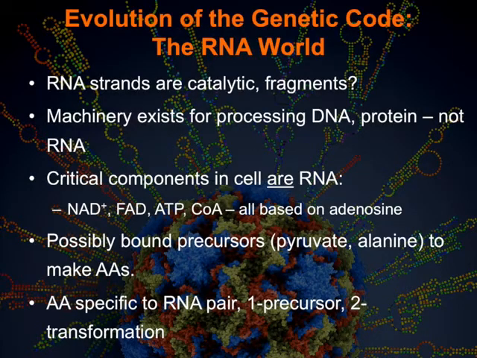Now, the major assumptions here are that we had ribonucleotides. We don't know how those are created yet. And we also assume that we had pyruvate, alanine, alpha-ketoglutarate, a bunch of basic molecules. So these are pretty important assumptions, and it sounds like they're a little bit ridiculous.